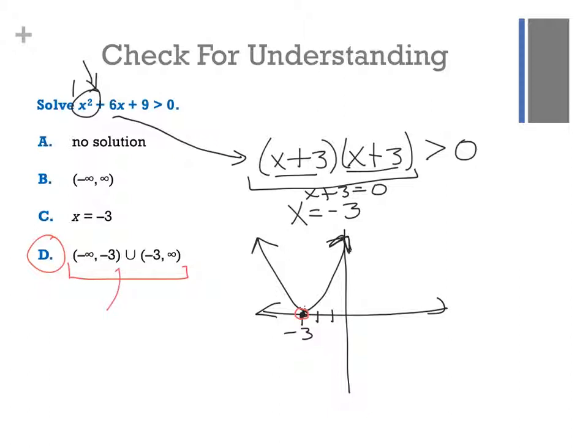Notice that they used the parentheses here because they did not want to include negative 3 in our solution set. Again, because negative 3 comma 0 is the ordered pair where the graph touches the x-axis. So, D is our solution, and we will be done.